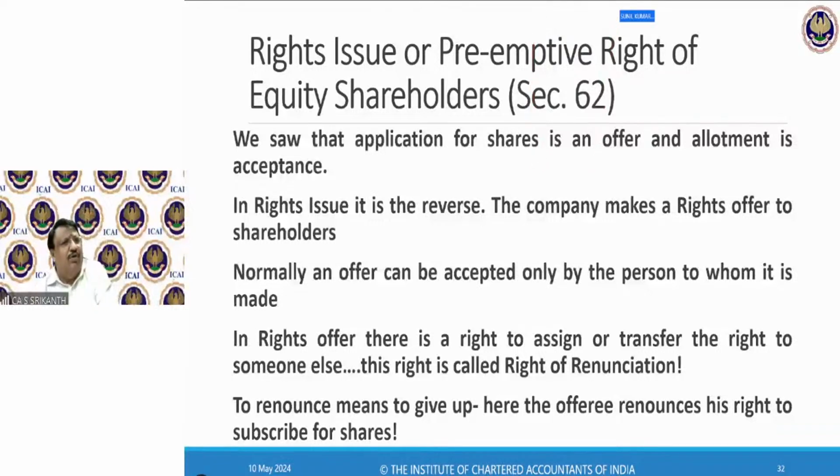For a very short window, it was there. Immediately, I sold the right, which means I renounced the right. Some other person got it. He would have bought those 16 shares. Instead, I got 376 into 16 rupees in my account, in my credit. Plus, I purchased the share at the current market price, which means out of the current market price, this amount will be reduced now.